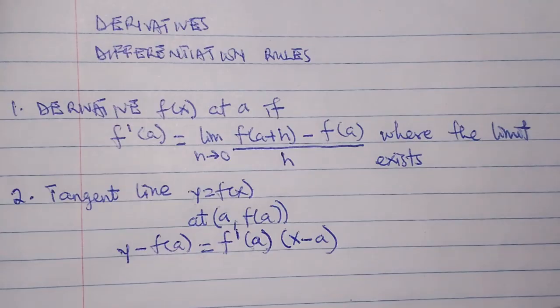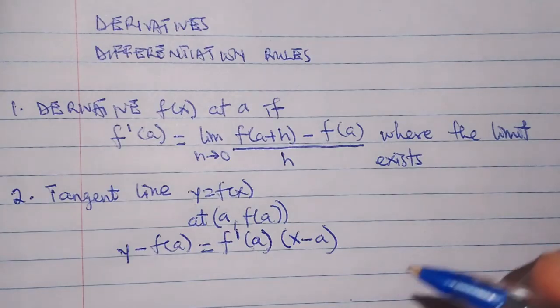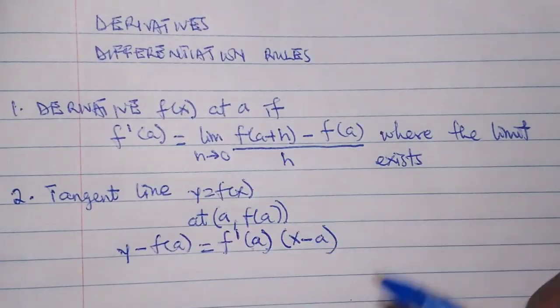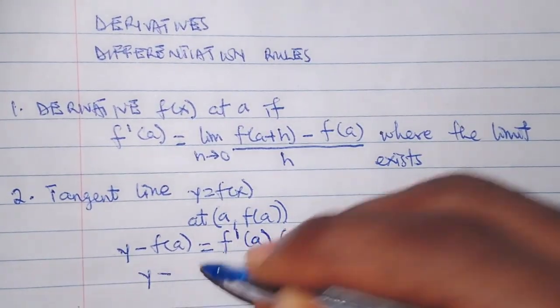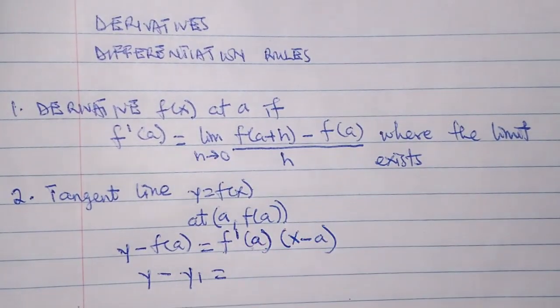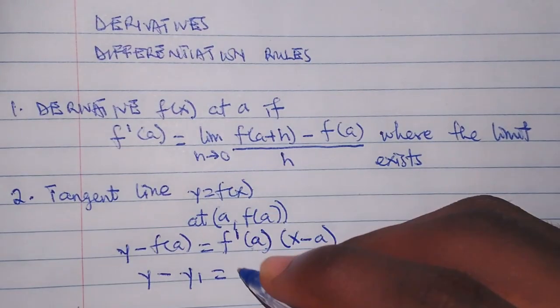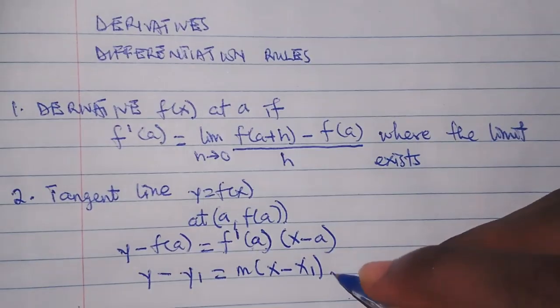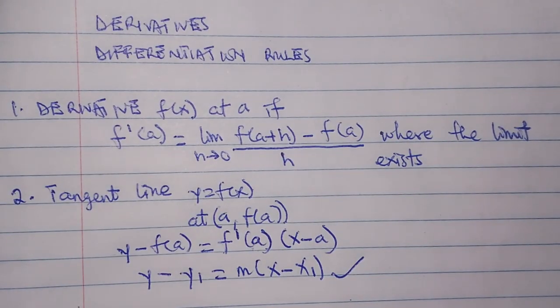Now this matches a certain formula. If we want to find the equation of a line, you have y minus y1 is equal to m into bracket x minus x1. Remember this formula, right? So you can see it matches this. It's the same concept here.